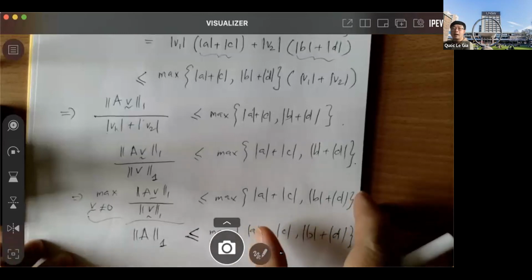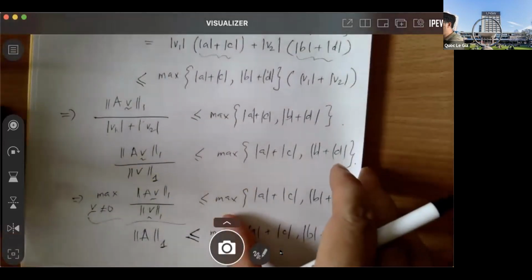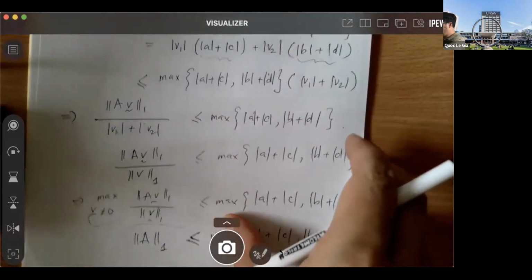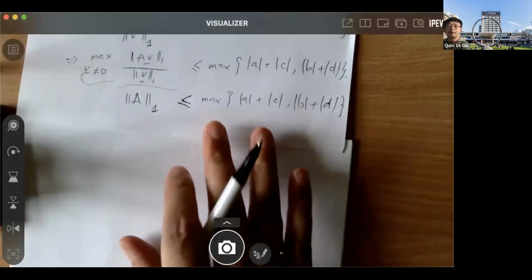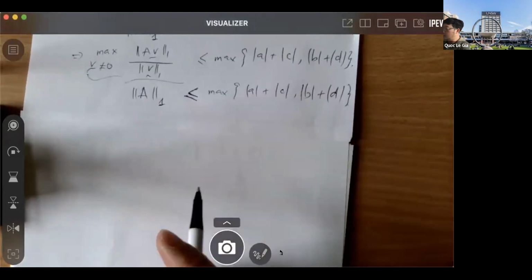So now, how do I show that equality can happen? I have shown the inequality already.